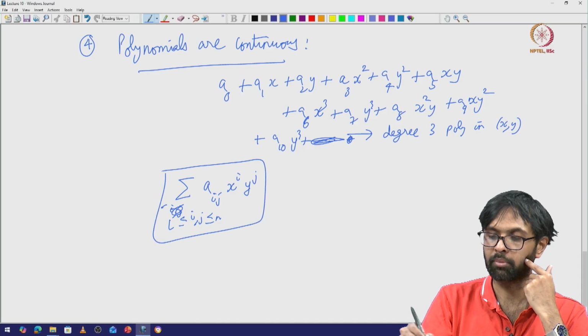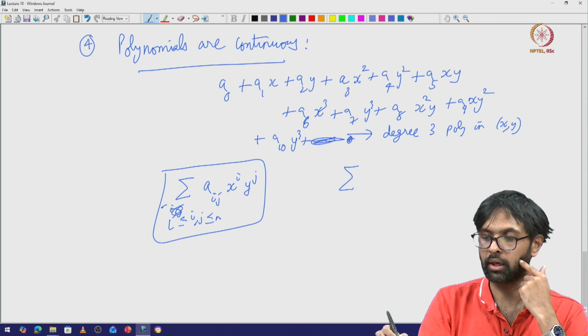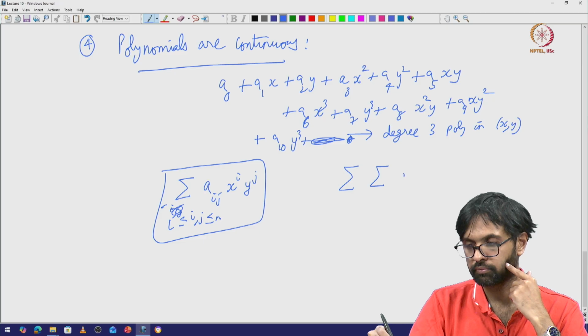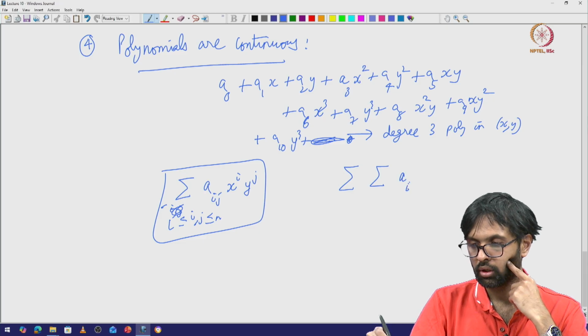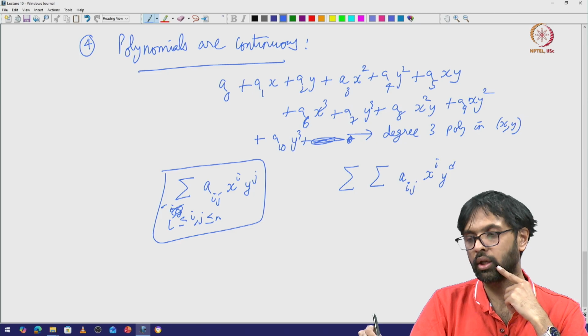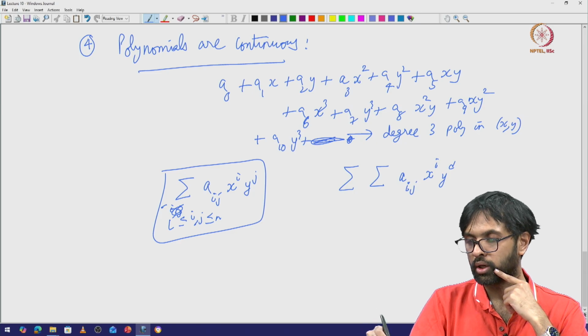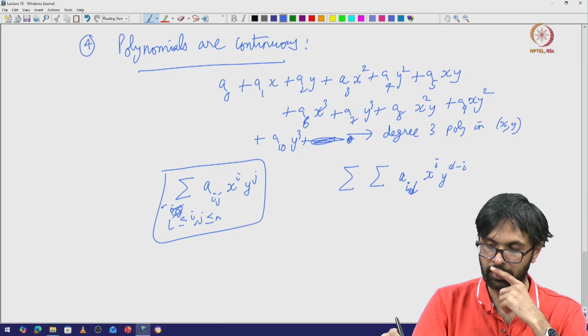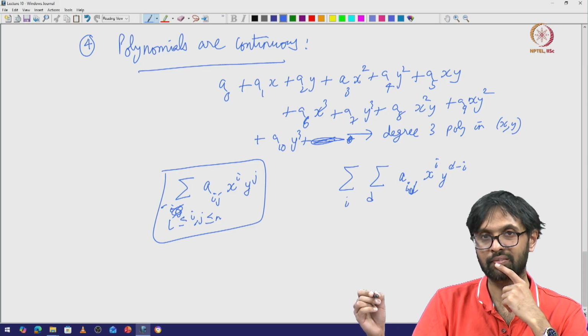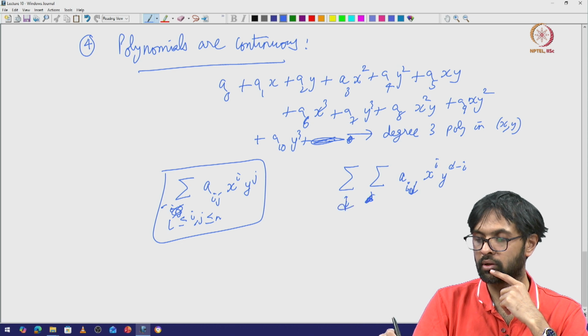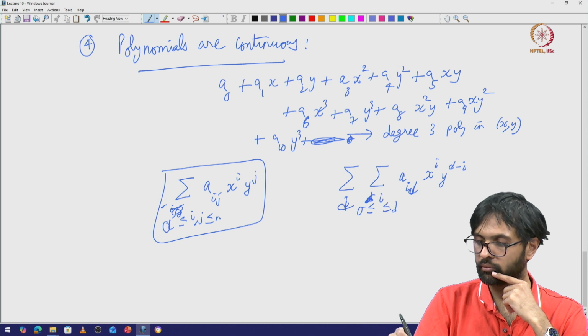It's sometimes more convenient to rewrite the sum, instead of a_ij, as a_{i,d-i}, x raised to i, y raised to d minus i, summing over the d's and then over the i's, a finite sum.